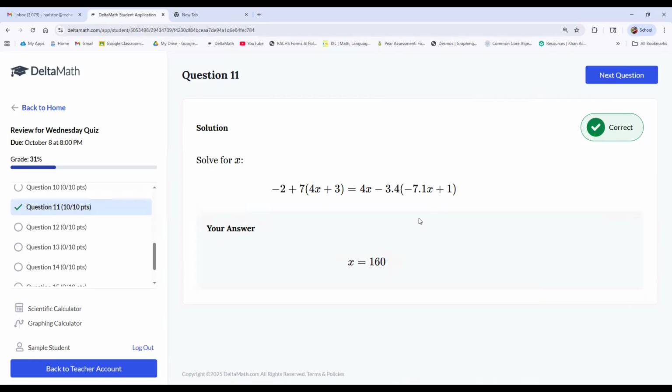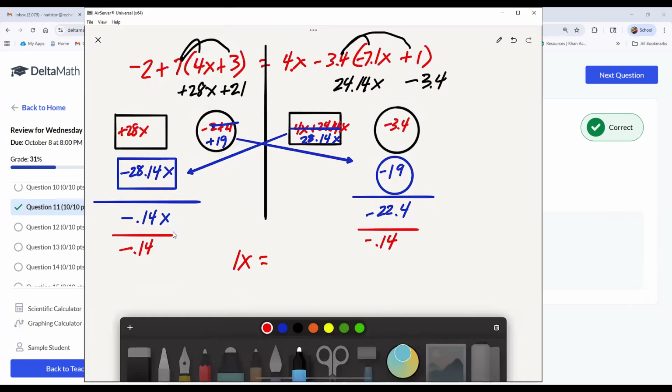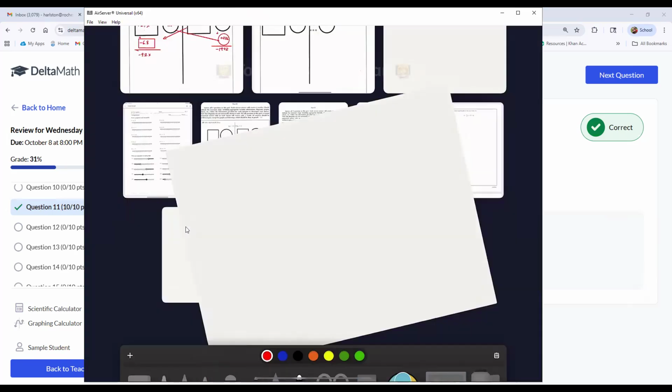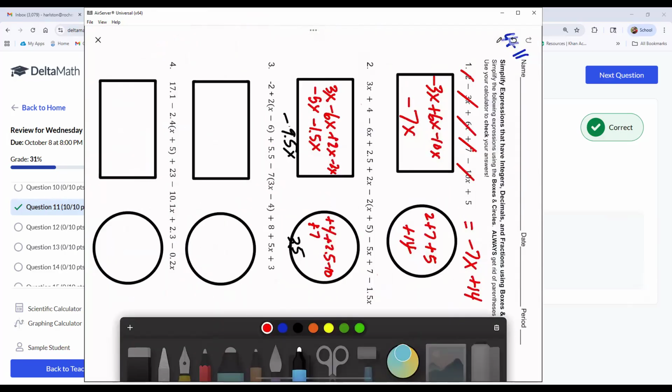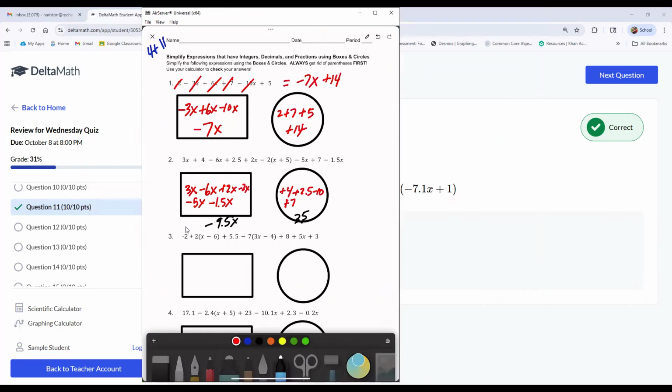And it's correct. All right, so let me go back and review this really quickly. Boxes and circles. I like boxes and circles because it helps students understand what terms should be combined with each other. And then once you have all the terms combined on one side of the equation and all the terms combined on the other side, then you can see that boxes go with boxes and circles go with circles.